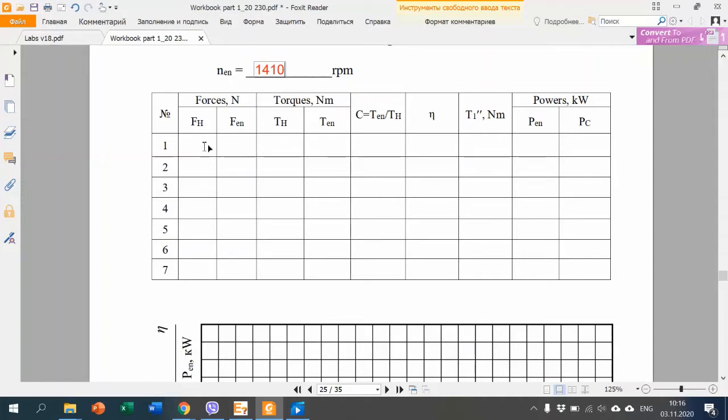So now we first apply here values we will have, and after that we make the experiment and measure F engine.